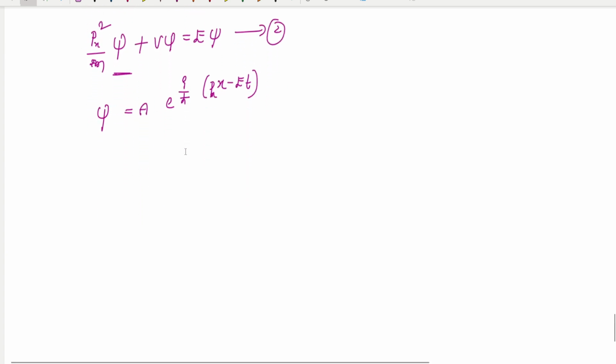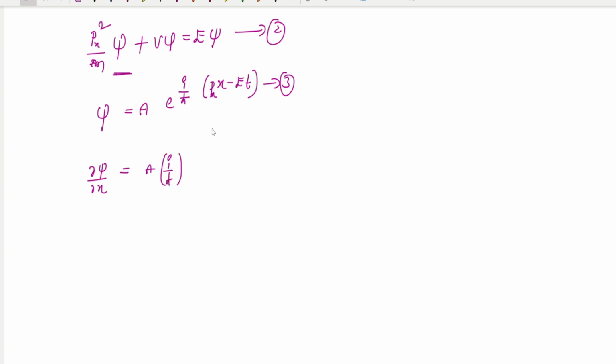So in case you try to solve this equation, this is equation number 3. I'm going to differentiate equation number 3 with respect to x. The first time, ∂ψ/∂x equals A e^(...) with i/ħ there.